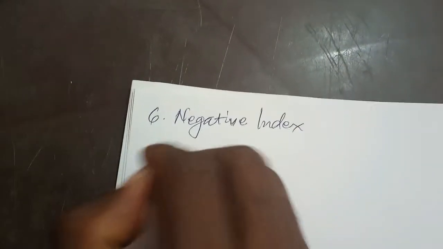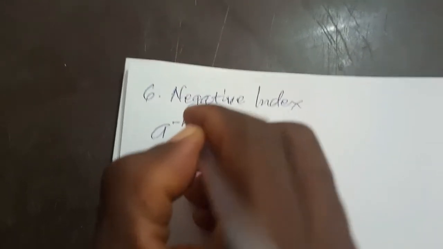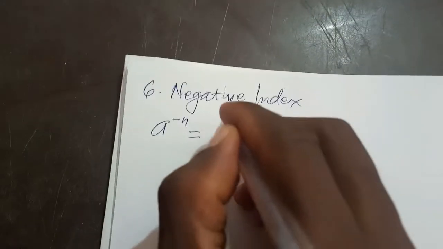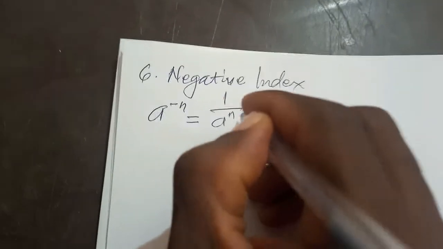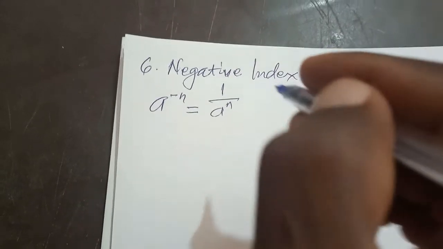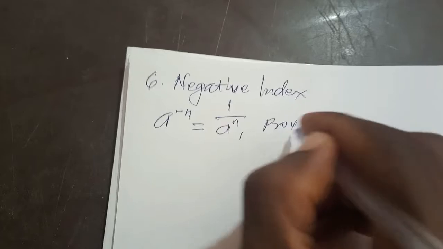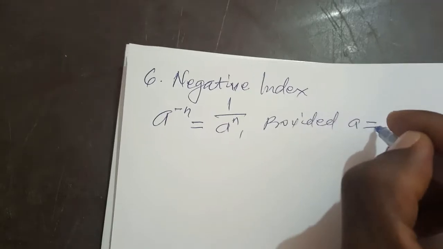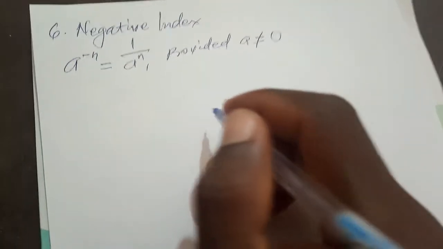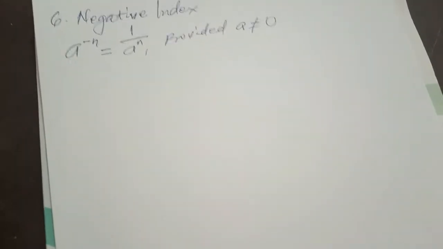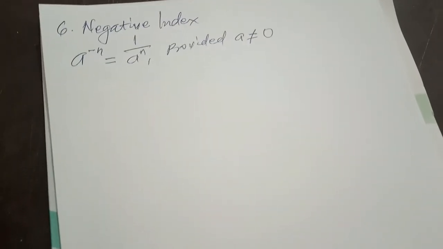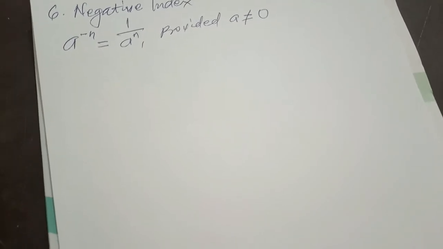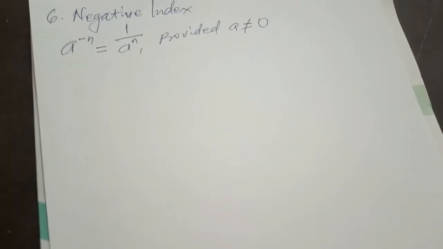This one says that a exponent negative n is the same as 1 over a exponent n, provided a is not equal to 0. So this one says that any number raised to a negative index is equal to the reciprocal of that number raised to the same but positive index.